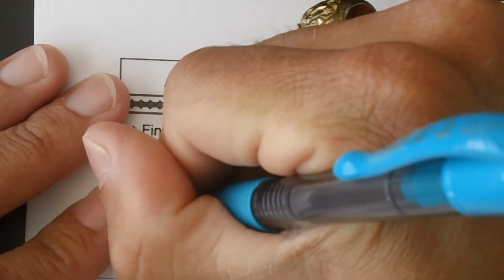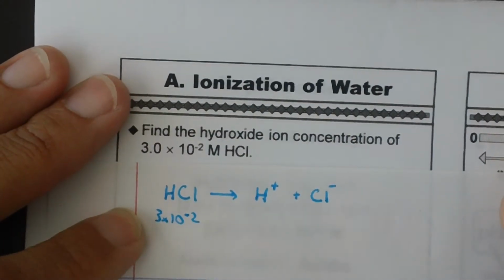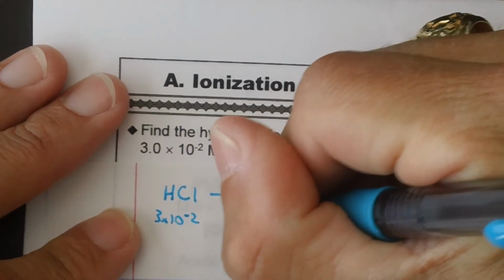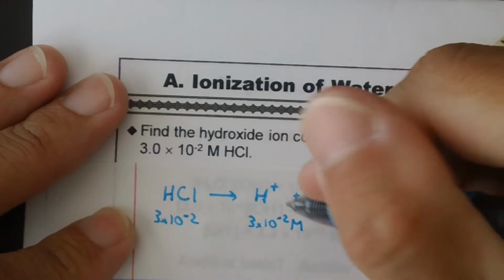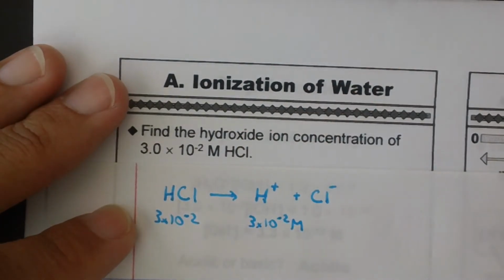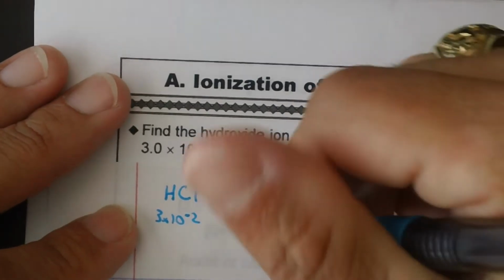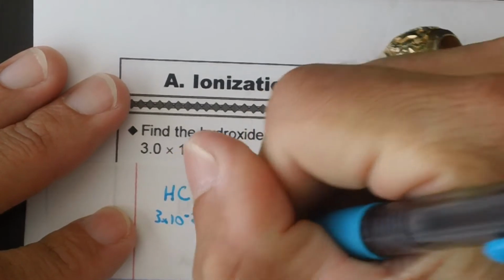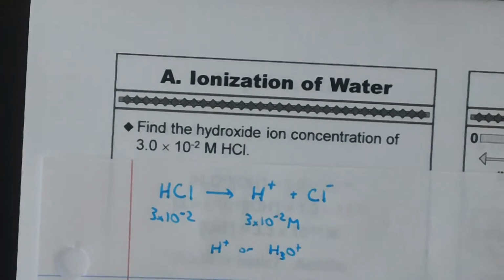If I had 3 times 10 to the negative second molarity of the HCl, then what that means is I'm going to break that into 3 times 10 to the negative second molar hydrogen ions floating around in solution. And so what they're telling me with that is the hydrogen ion concentration, or, as we talked about in the last video, the hydronium ion concentration.